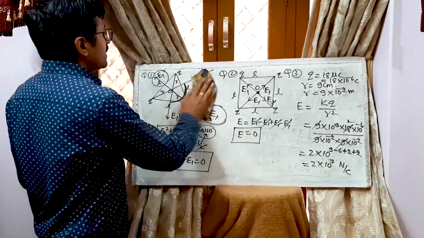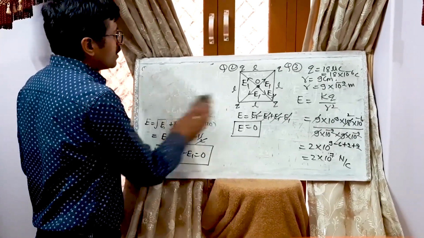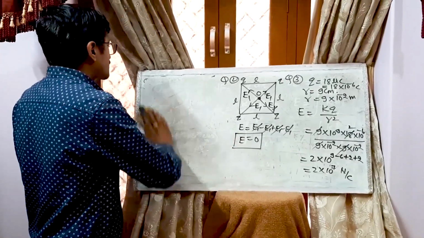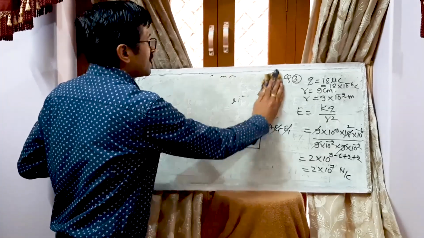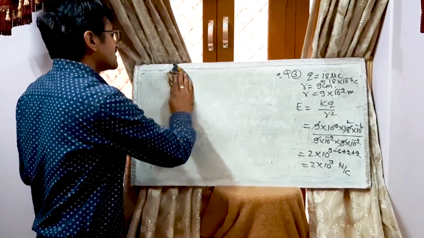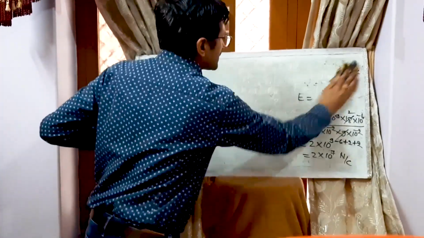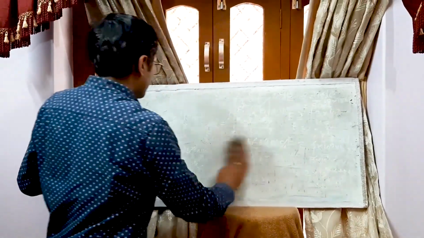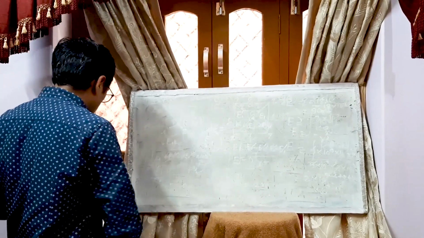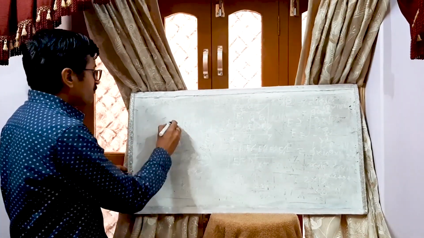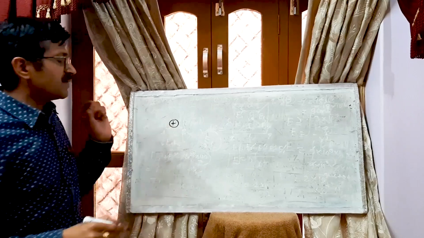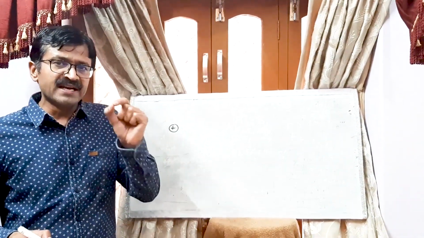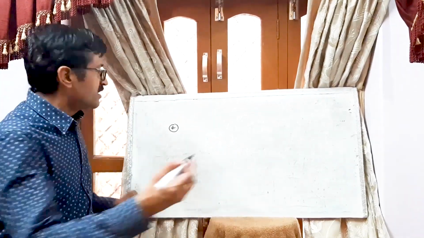Another application is based upon the equilibrium of a charge when it is kept in a particular electric field. The question arises, how does equilibrium take place? Whether you have a positive charge or a negative charge, equilibrium is required. If you have to keep a charge, either positive or negative, in an electric field so that it remains in equilibrium, that is, freely suspended in air, what happens?